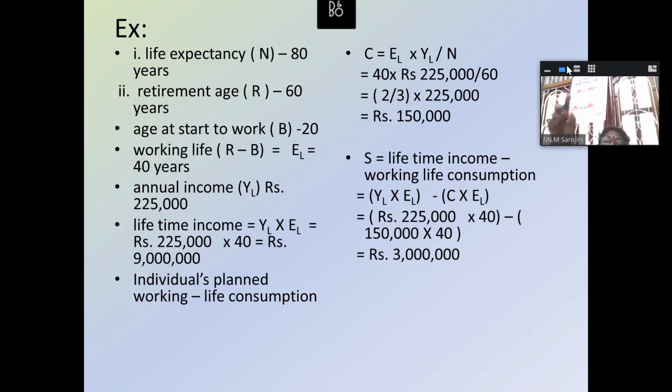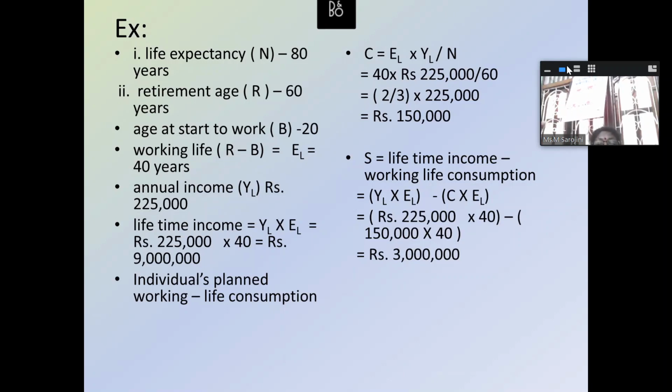For annual consumption, you can utilize this equation, that is C is equal to lifetime income divided by number of years you are expecting to live. That is equal to 150,000. This is the annual consumption.